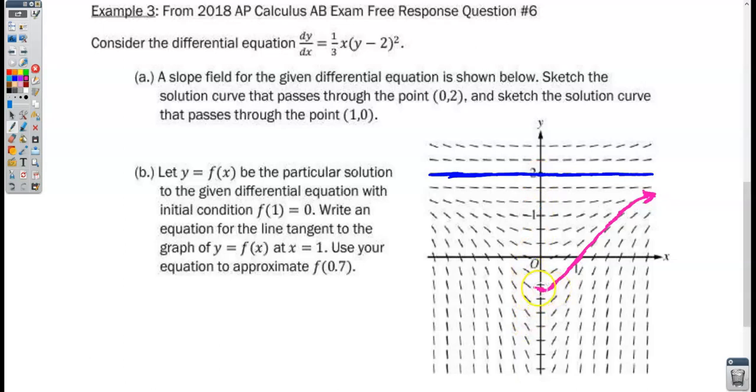And then it goes off in the other direction, kind of a mirror image of what I saw on the right-hand side. And there's a sketch of our solution curve that passes through the point 1,0.